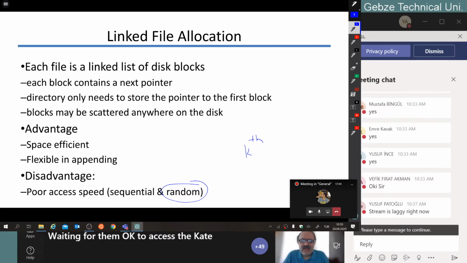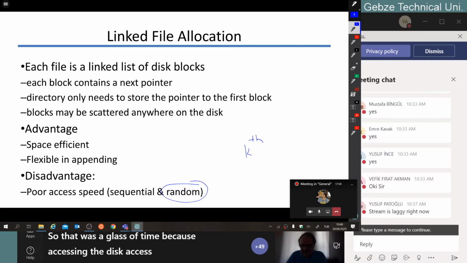That will take lots of time because accessing the disk is not an easy thing. It takes lots of time. That's why we didn't like it much.